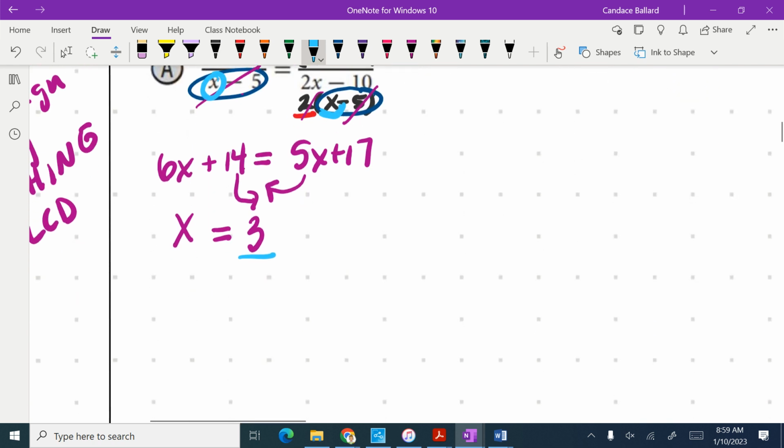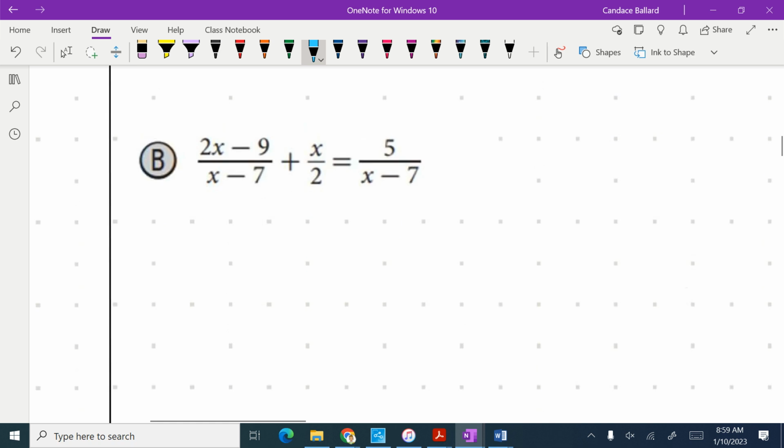Let's keep going, okay? All right, looking at B, I have no factoring to do, right? Looks a little different because I've got 3 terms instead of 2, okay, but that's not a big deal. I do have some things that match. So what matches? X minus 7. I'm going to circle that in blue.